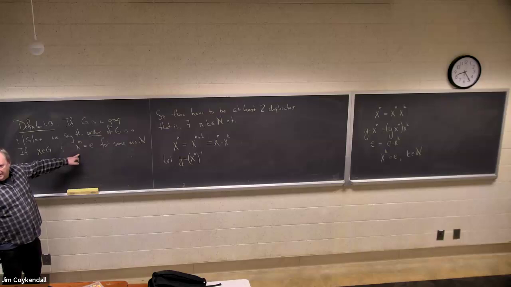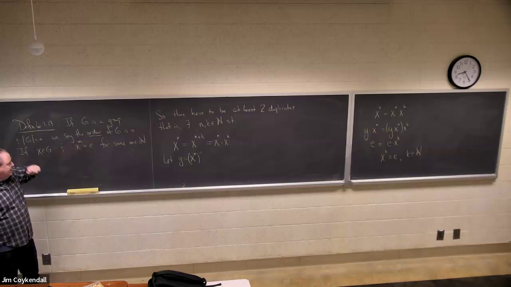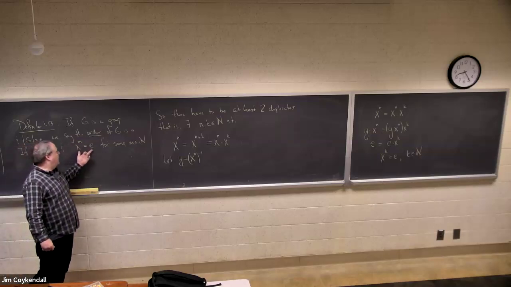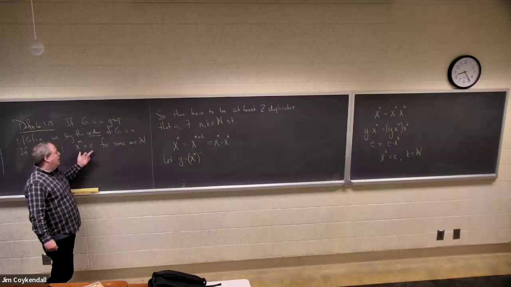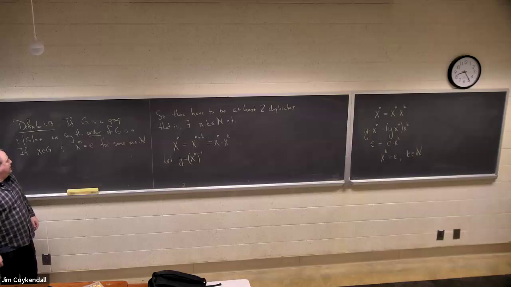Of course, my natural number here does not include 0, because in group theory you take x to the 0 power to always be the identity. If there's a positive power of x that is the identity, then we say that x has finite order.